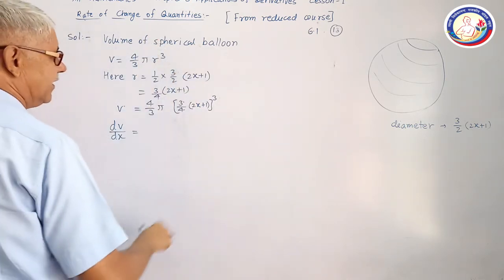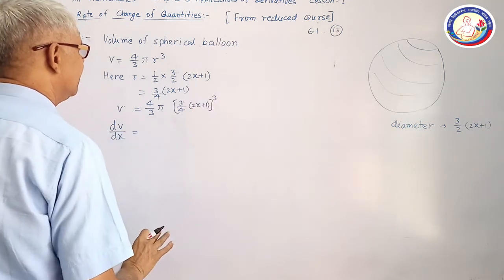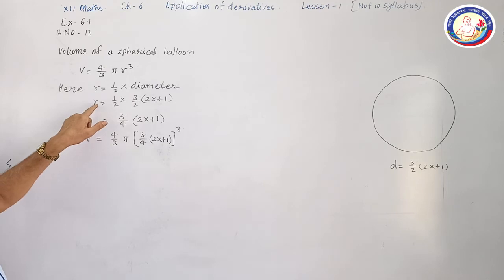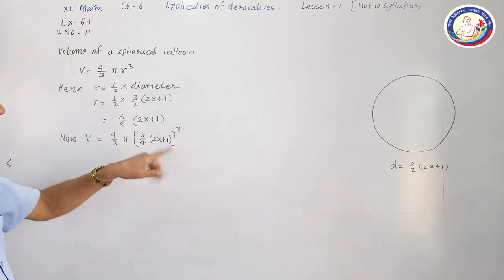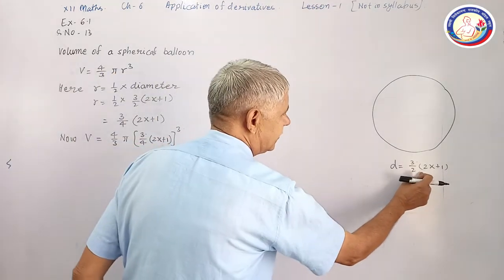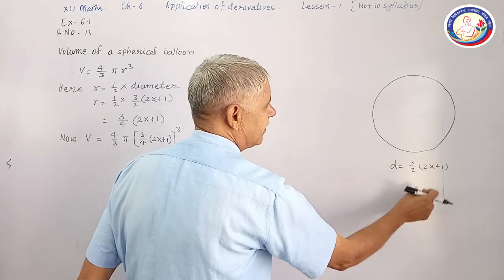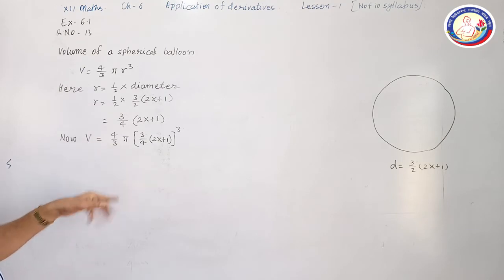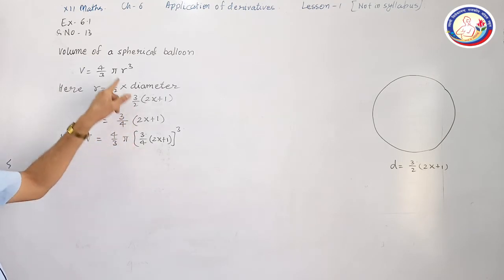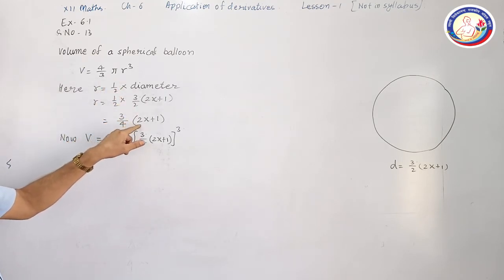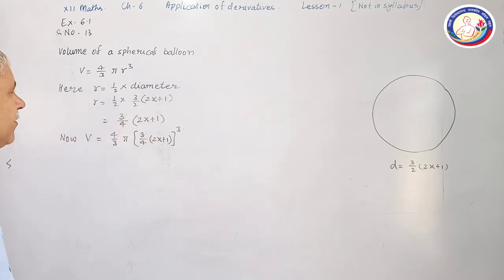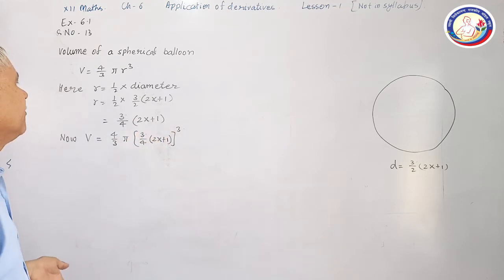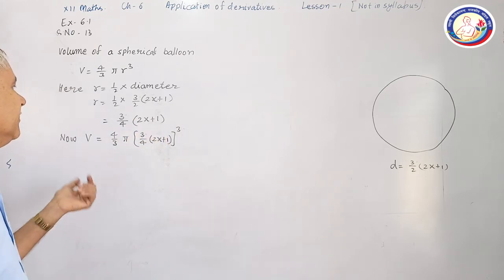So what is radius? Radius is half of this. If we put the value of radius using this as variable diameter, we get the volume 4 by 3 into pi, and r is 3 by 4 into 2x plus 1, because the radius is half of the diameter and it does not change the rate of change.